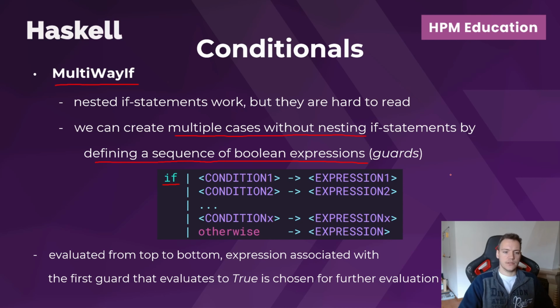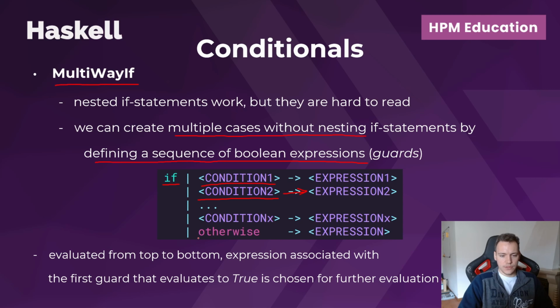When the program is running, it evaluates these guards from top to bottom, and the first condition that equates to true, that expression will be evaluated, and the rest will be ignored.